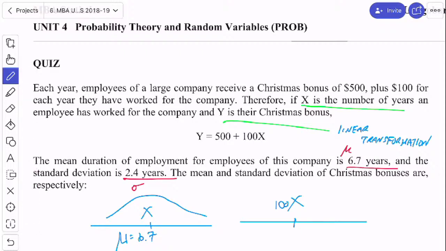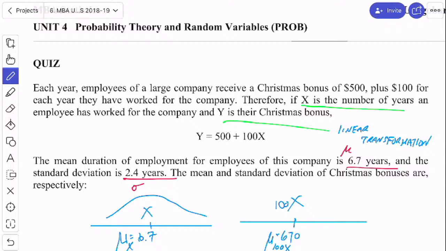So this is a new mean. If this is mu of X, the mu of 100X is going to be 670. It's just times by 100.